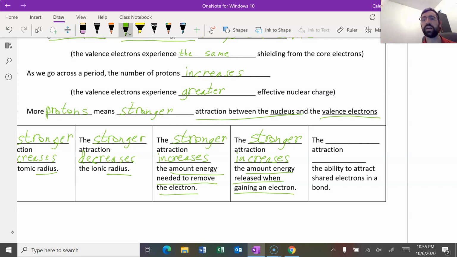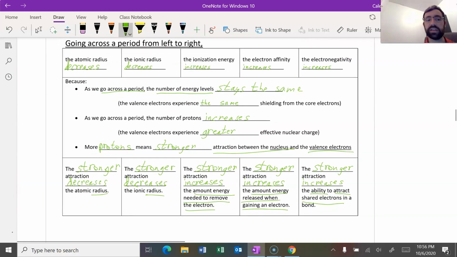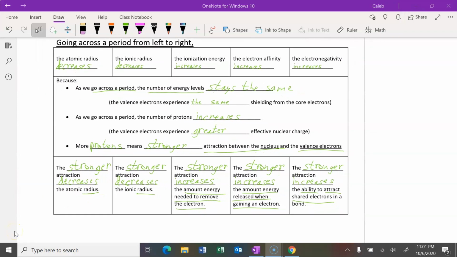So when it gets a new electron, it releases more energy. Okay, and that stronger attraction also increases the ability and the tendency to attract shared electrons in a bond, which is what electronegativity is. Okay, that kind of sums up the trends of explaining not only what the trend is, but why.